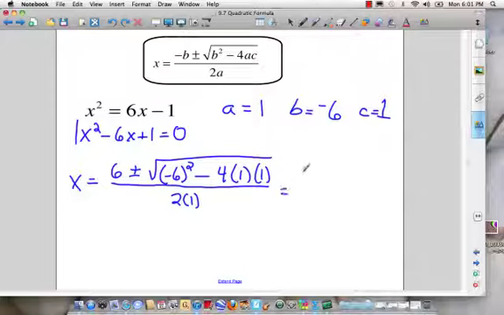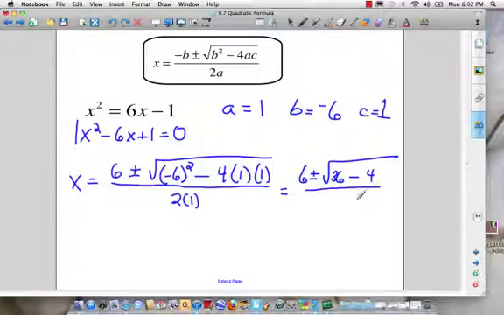That's the plug. Here comes the chug. 6 plus or minus the square root of -6 squared is +36 minus 4 times 1 times 1 is 4. All over 2 times 1 is 2. And let's see, this isn't how I remembered, but let's go ahead and keep chugging.